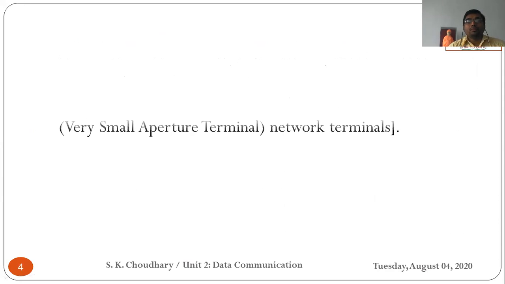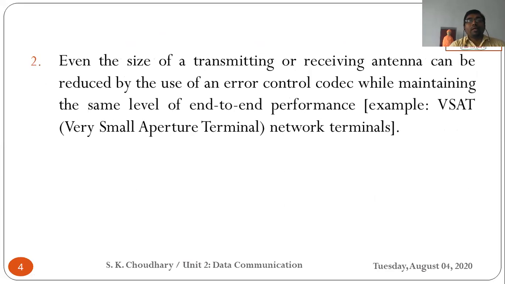Now, the second reason: even the size of the transmitting and receiving antenna can be reduced by use of the error control codec, while maintaining the same level of end-to-end performance. The second benefit of the error control codec is what? It is useful for reducing the size of the transmitting and receiving antenna, as well as maintaining the quality of the signal.